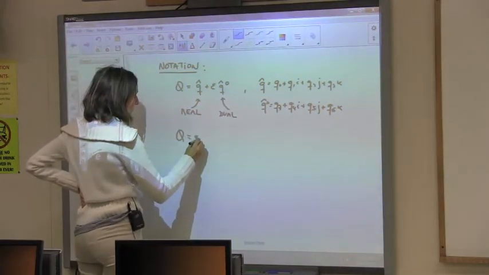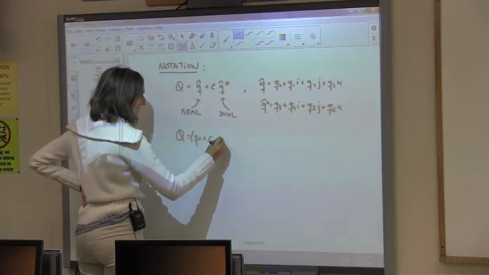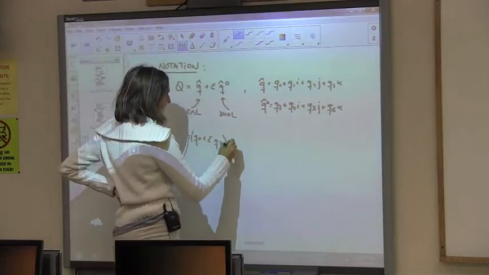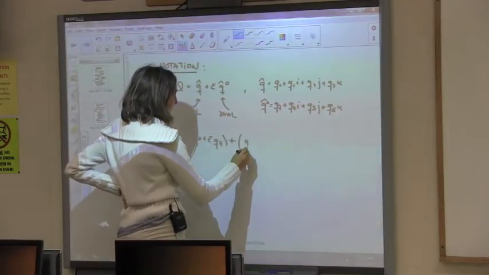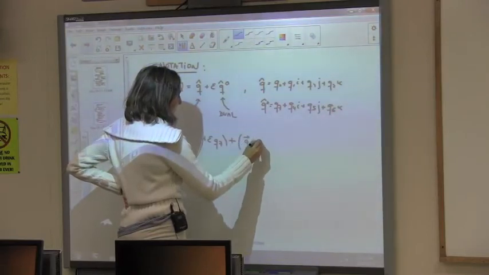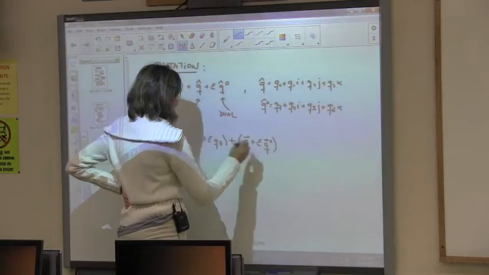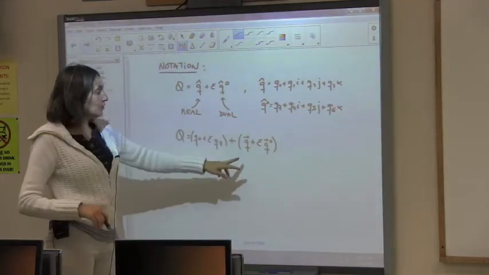q0 plus epsilon q7, these are the scalars, plus, and now the vector part, we'll call this q plus epsilon q0. This 0 is down, that 0 is up, I know it's a little bit confusing, and that's the dual vector.